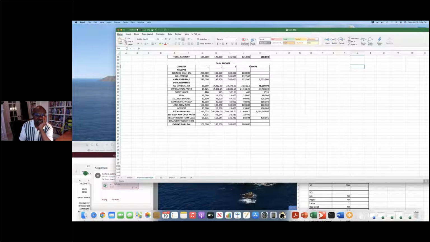See, we add these numbers and 12, 16. So we're off $1.